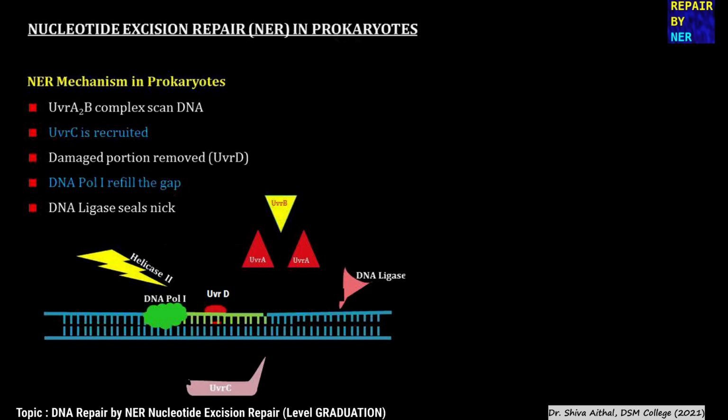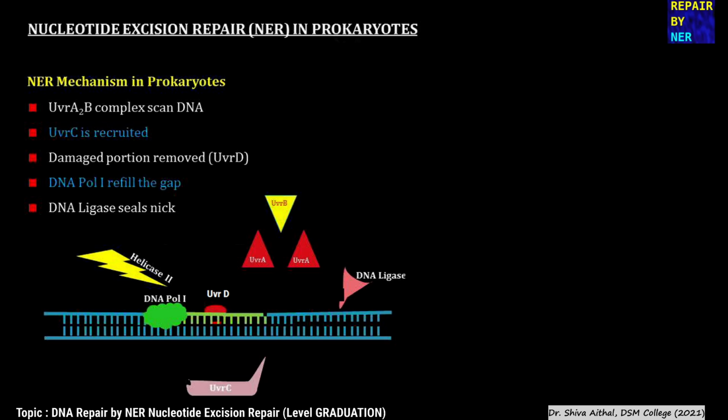Many species have 2 A molecules, some have 2 B molecules. So to encompass all of them, this is a symbolic way of showing 2 UvrA and 2 UvrB molecules. This UvrAB complex scans the DNA, and UvrC is recruited, meaning it is recognized and called to the point of action.